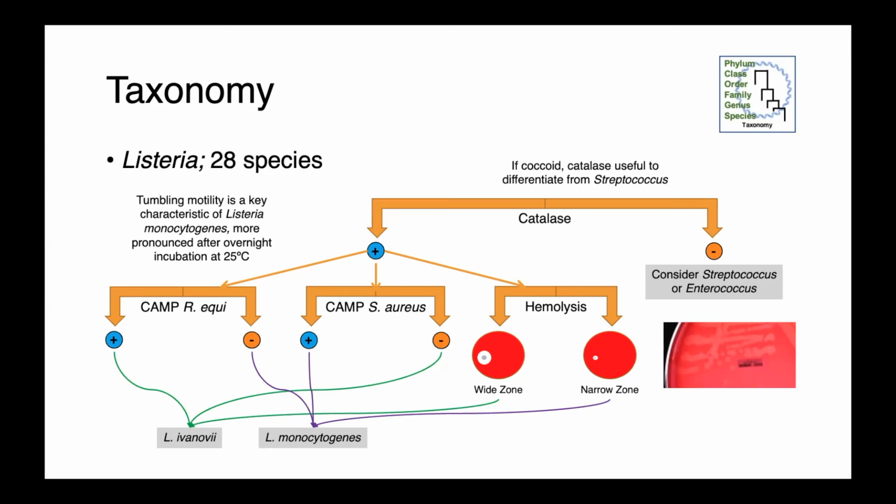So looking at the CAMP reaction with both Rhodococcus equi and Staph aureus, monocytogenes is positive with Staph aureus, but negative with Rhodococcus, and ivanovii is the opposite. And then looking at the size of the hemolytic zone surrounding the colonies, where monocytogenes has a much narrower zone.